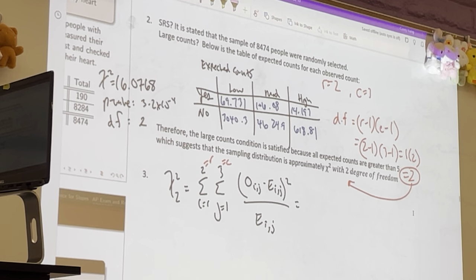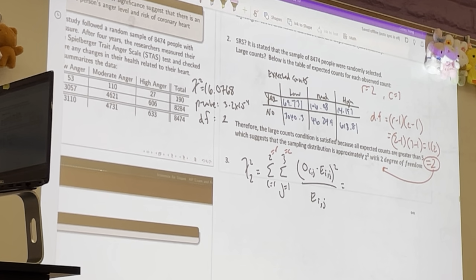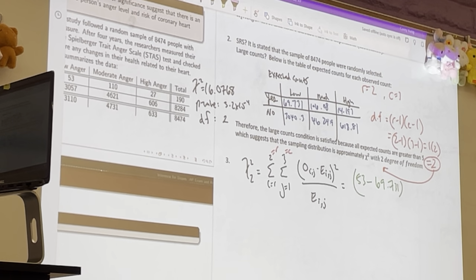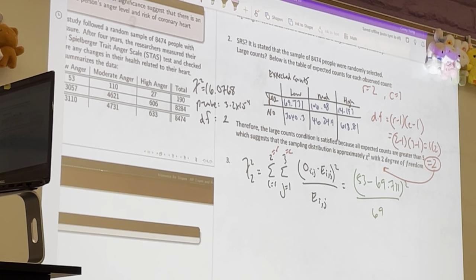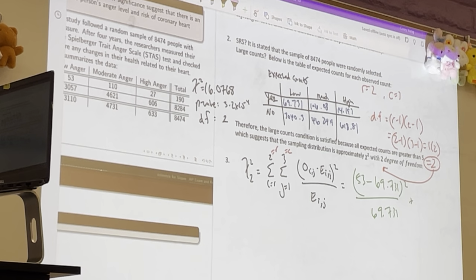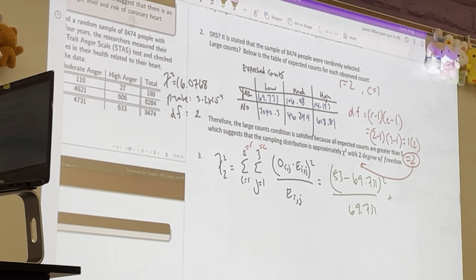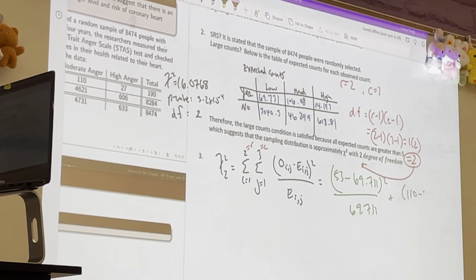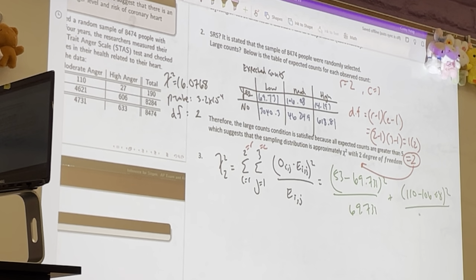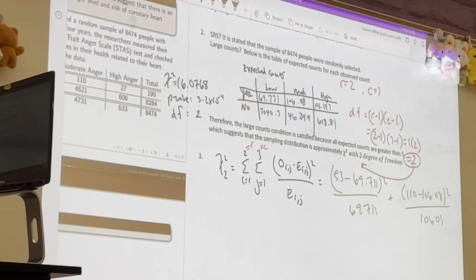So if we look at the first observed count, the first observed count is 53, so 53 minus its corresponding expected value, which is 69.731, squared, divided by 69.731. The next one is 110 minus its expected count of 106.08, squared, divided by 106.08.